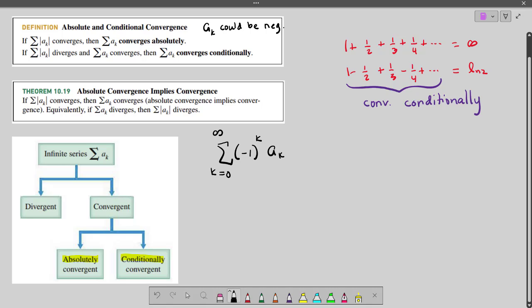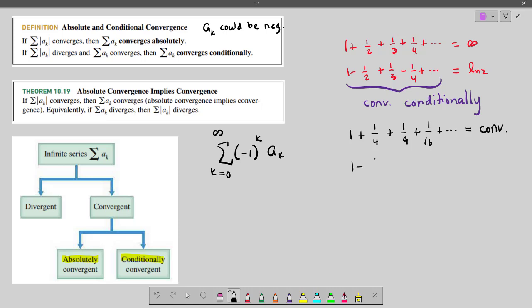Another example. If we look at 1 plus 1 over 4 plus 1 over 9 plus 1 over 16 plus etc., that's 1 over k squared. Does that converge or diverge? It's a p series with p equal to 2, that's bigger than 1, so we have convergence.